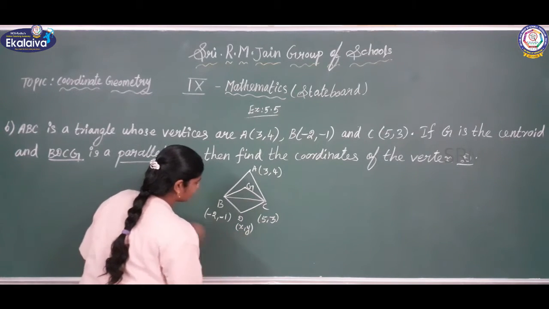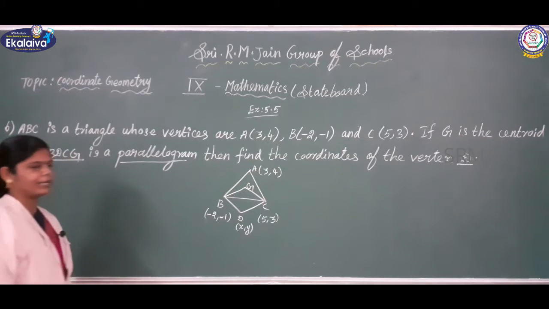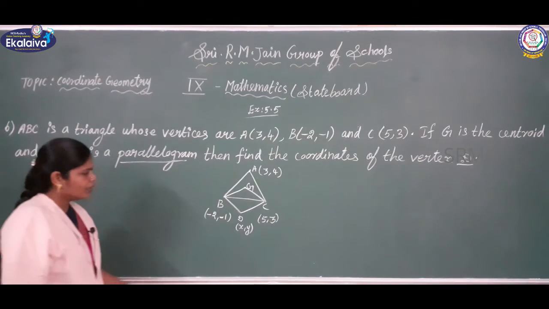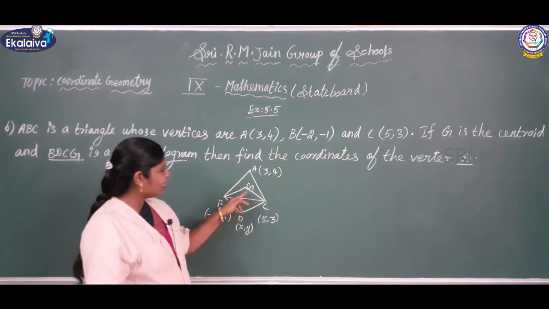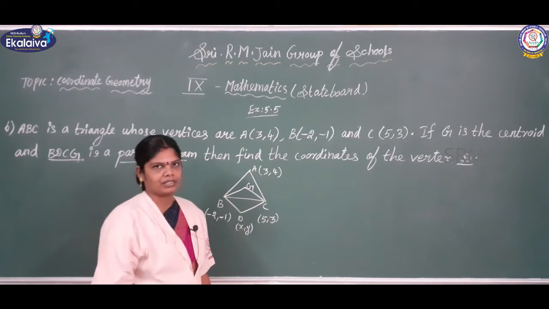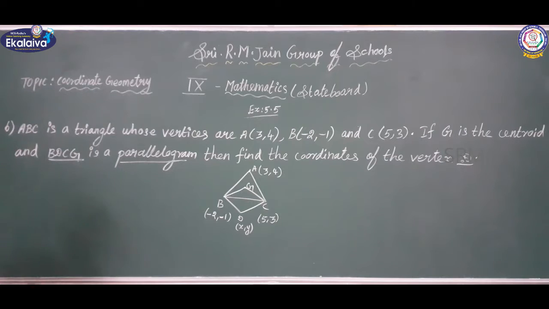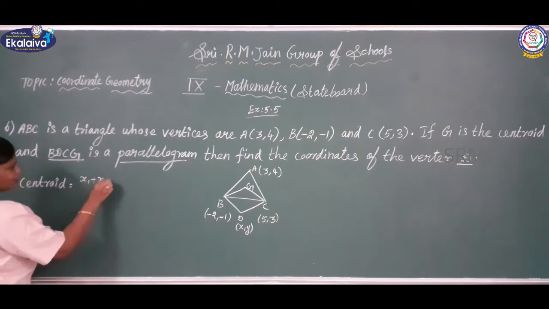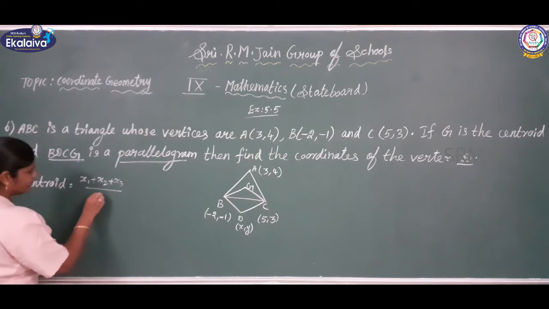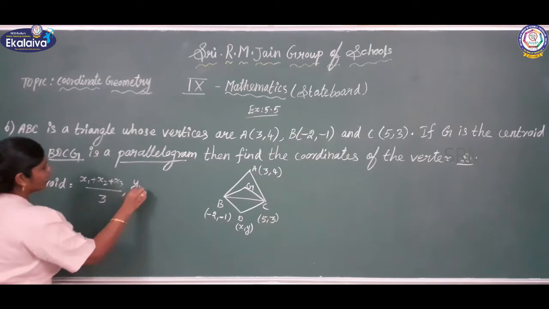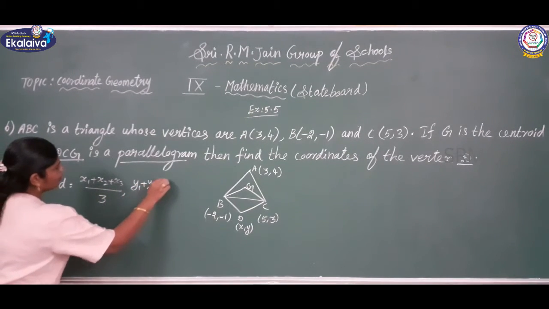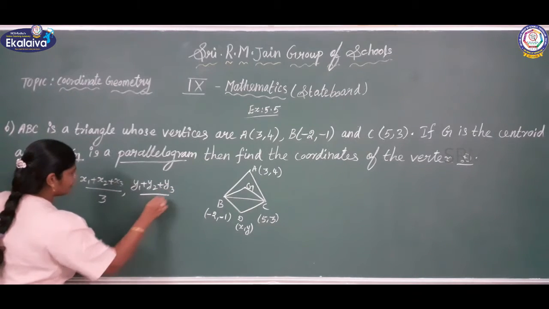This is considered, let us take it as x, y. Okay. Before finding the vertex, we need to find out the centroid first. Okay. After find this, we need to do this. First write the formula. Centroid equal to x1 plus x2 plus x3 by 3, comma, y1 plus y2 plus y3 by 3.